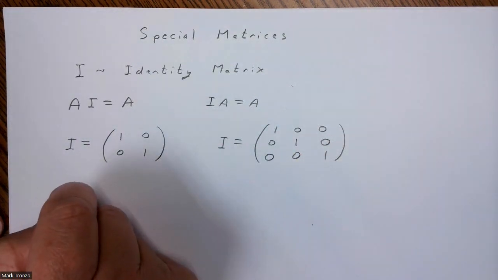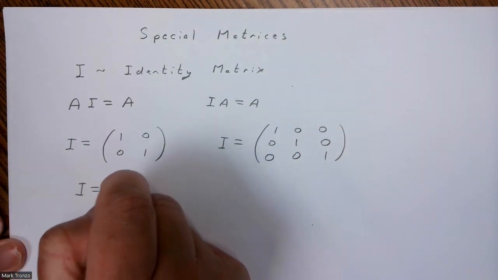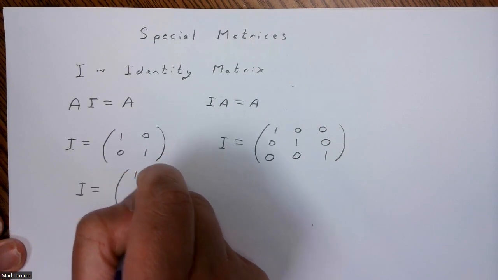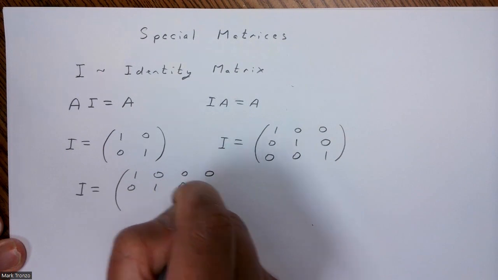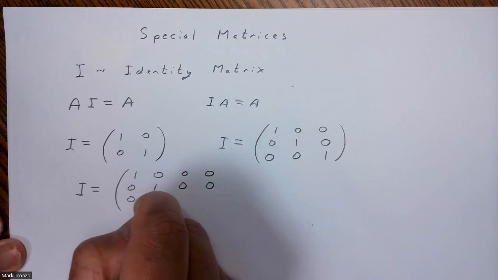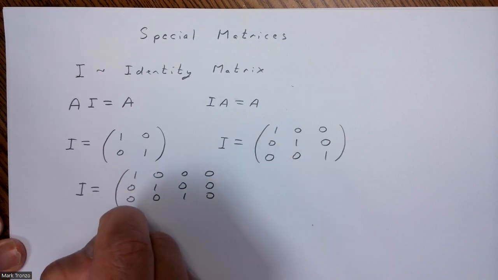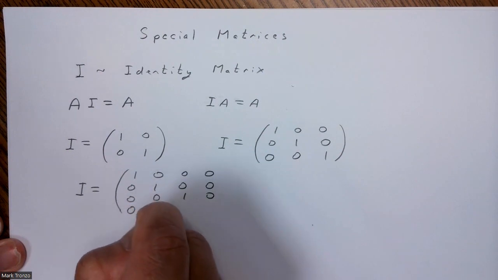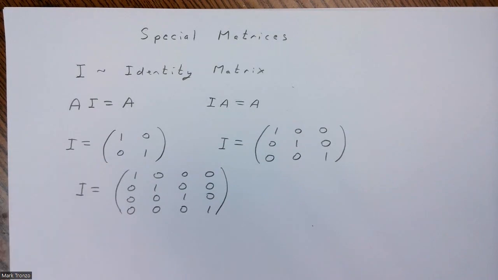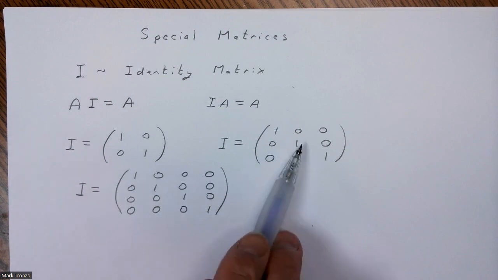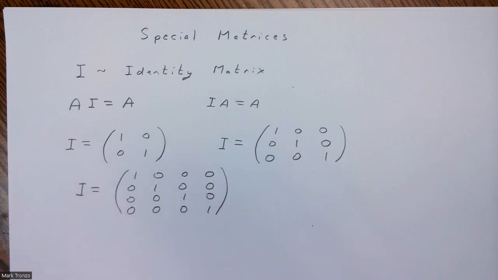If it's a 4x4, it'll look like this, etc. And it can be of any size, but it's always going to have ones along the main diagonal and zeros everywhere else.